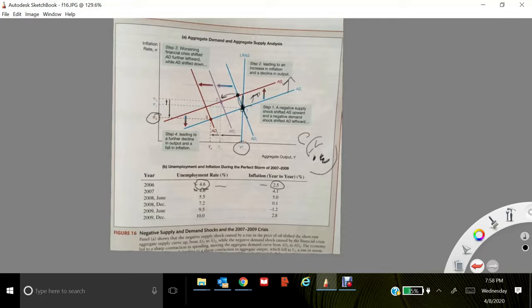So as housing prices fell, consumption fell. You also had housing prices fall so far that people went bankrupt. That's represented by a shift to the left in the demand curve here.